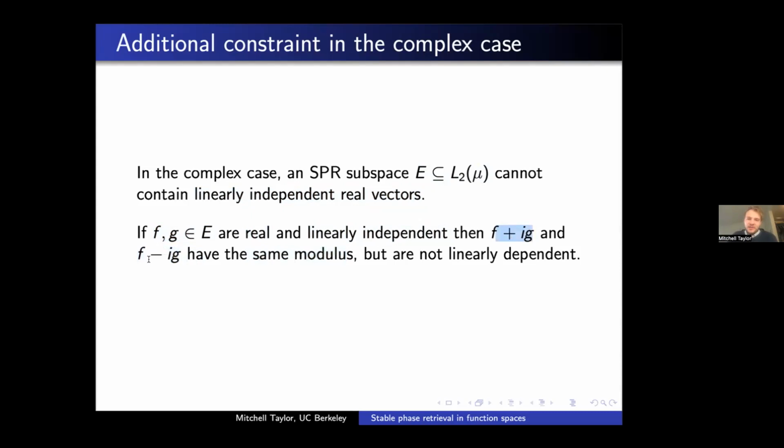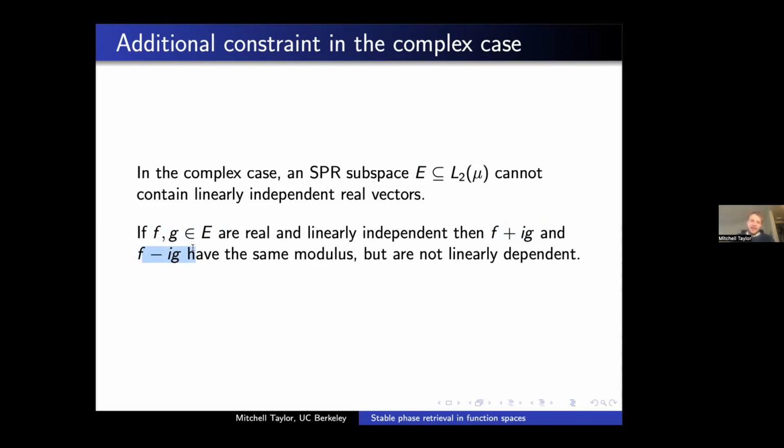But f plus ig will not be a unimodular multiple of f minus ig, because I chose f and g to be linearly independent. So this gives an example where these two functions have exactly the same modulus, but they're not linearly dependent vectors. Meaning that any subspace which contains two real vectors, or equivalently a function and its conjugate, will be an obstruction to complex phase retrieval.